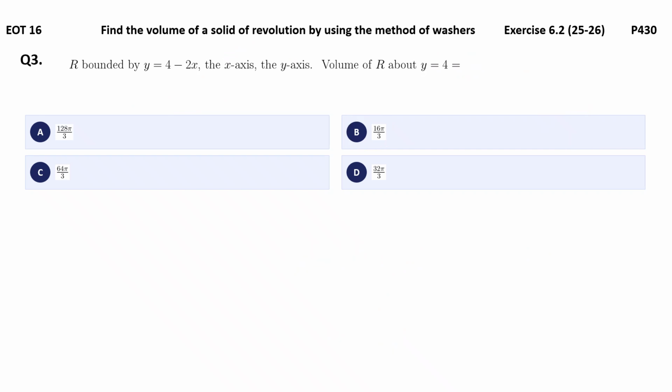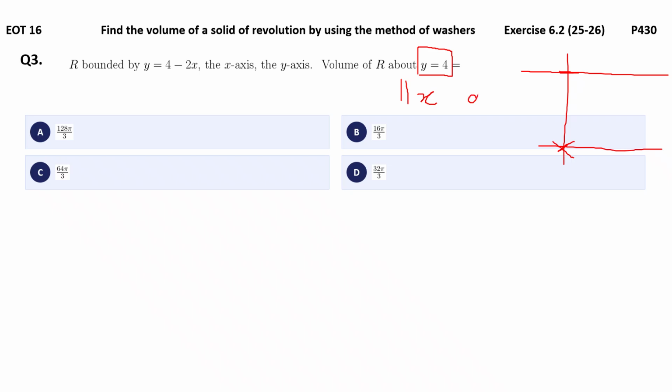Here again the function remains the same, but this time we are focusing on the line y equal to 4. When you look for a line y equal to 4, this is the origin. y equal to 4 is above the x-axis and it is a straight line parallel to the x-axis.